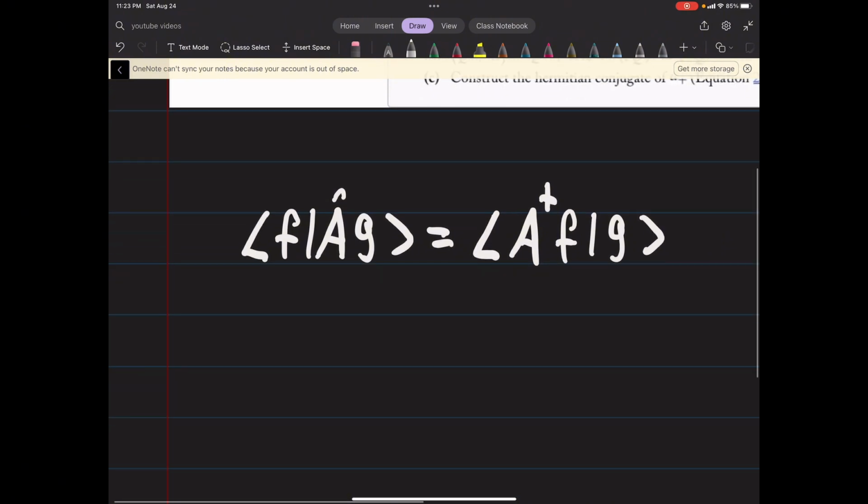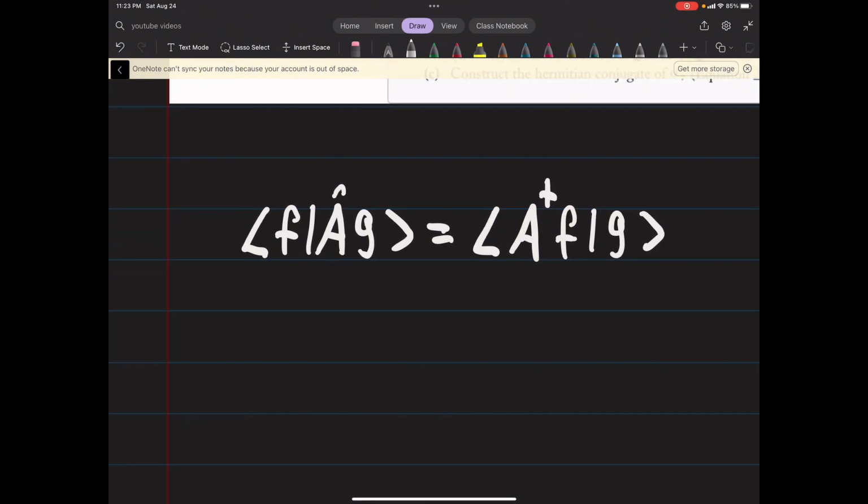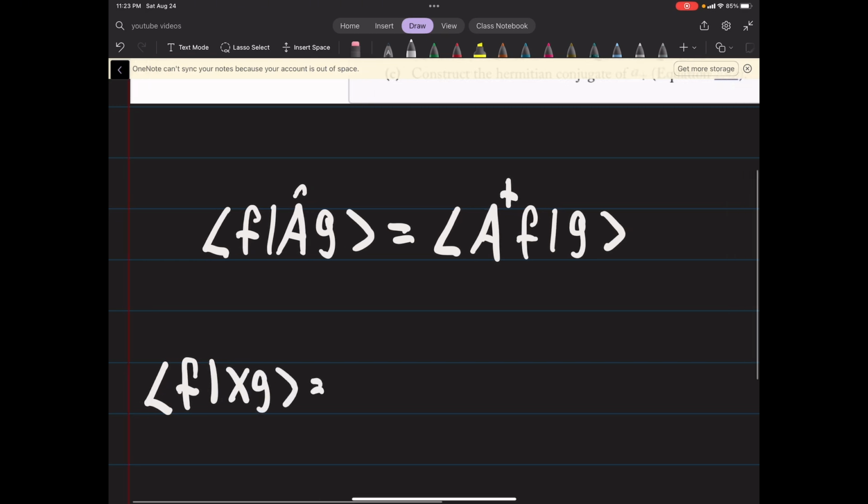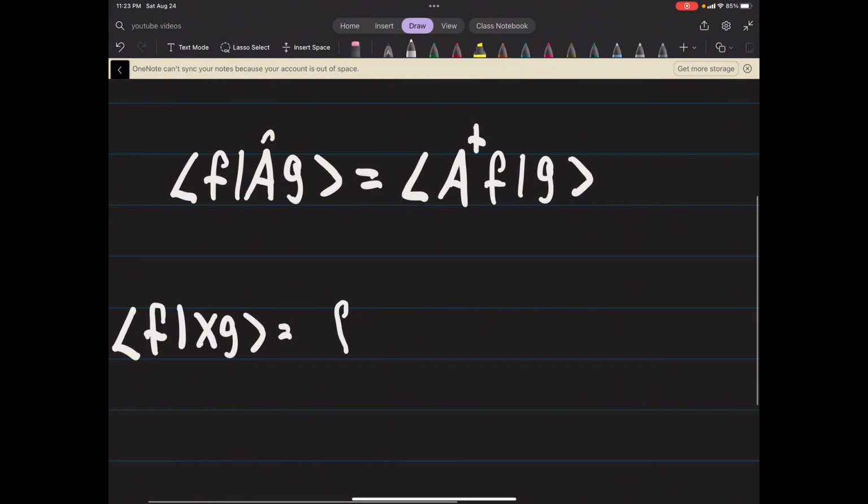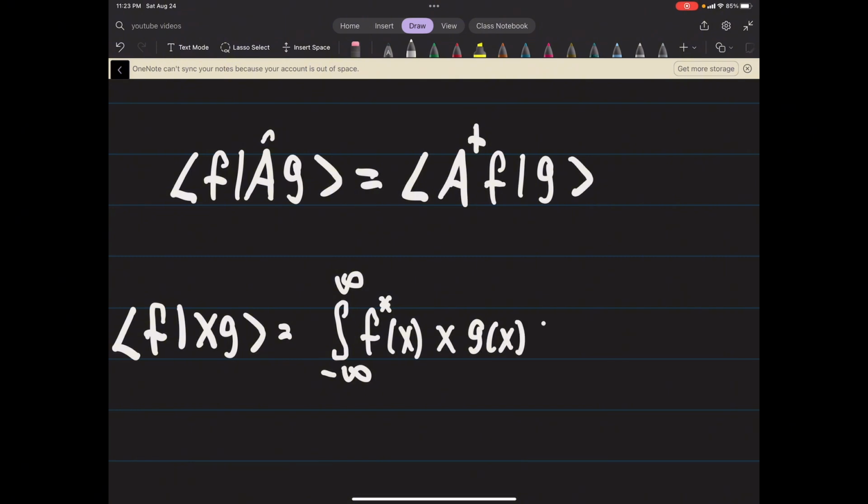So let's start off with X. Writing this as our integral, it's the integral of F complex conjugate of X times G of X dx.